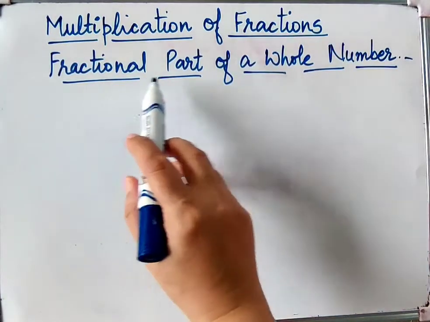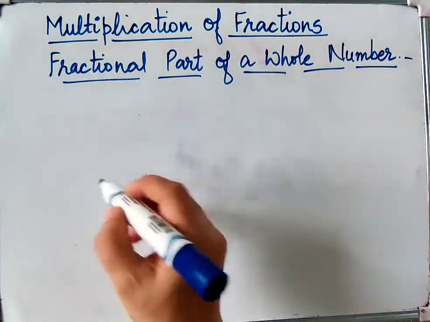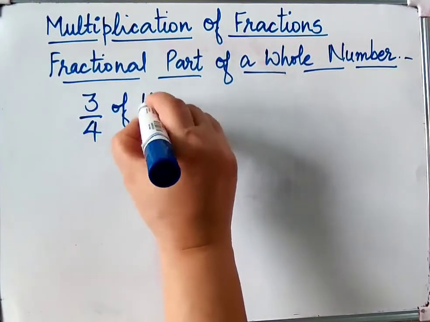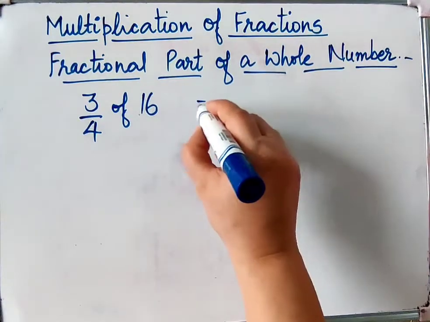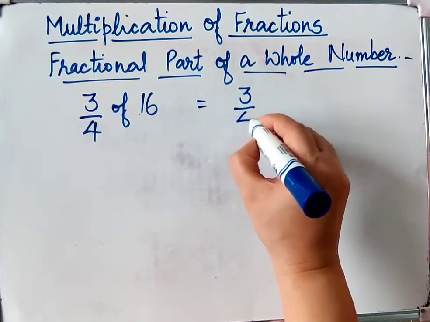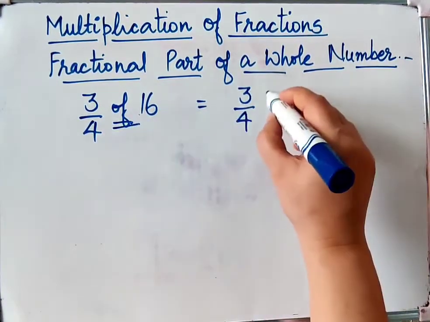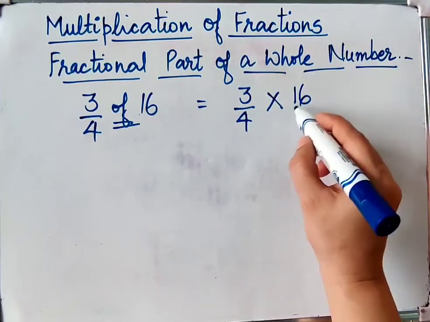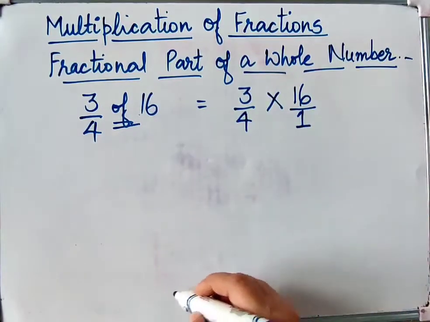The next is the fractional part of a whole number. Suppose we are given to find 3/4 of 16, which implies 3 by 4. Of is replaced by a multiplication sign and 16 is a whole number. Now this we can write as 16 by 1.